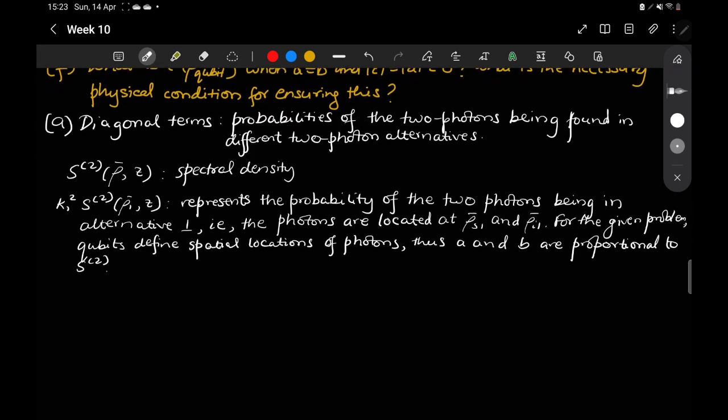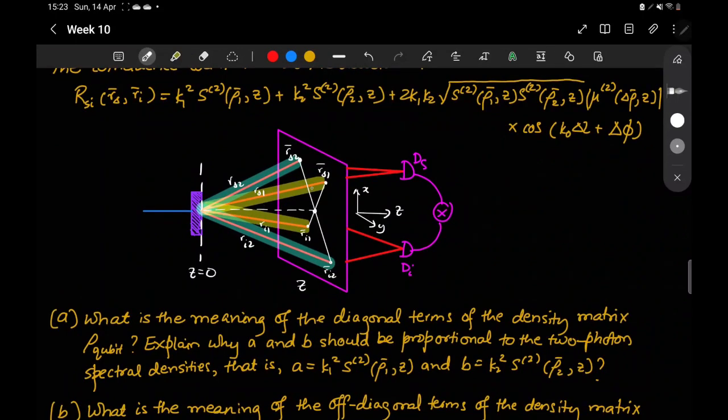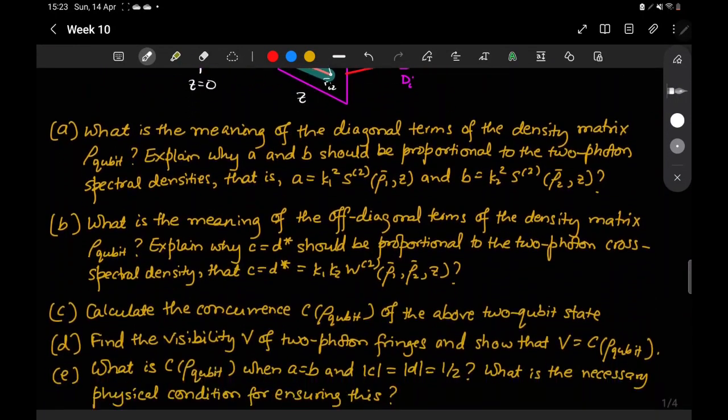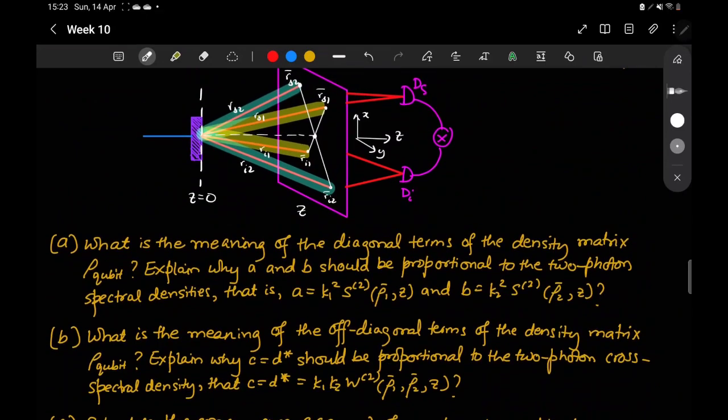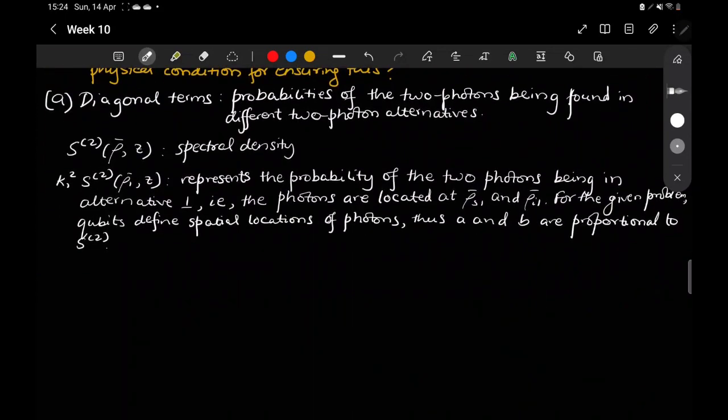So, K1 squared S2 rho 1 Z represents the probability of the two photons being in alternative 1. Alternative 1 is this highlighted in yellow. Alternative 1 means signal goes through rho S1, idler goes through rho I1.